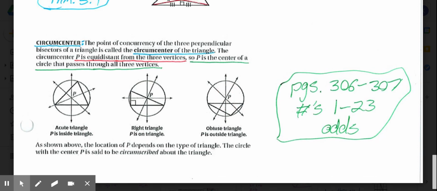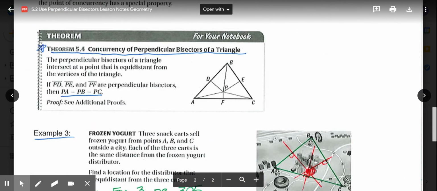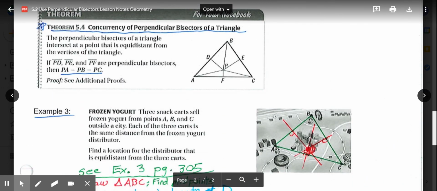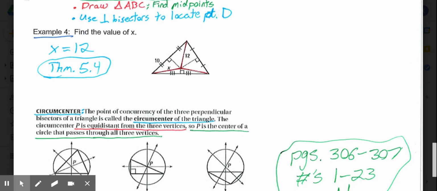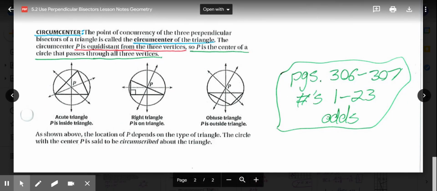So the idea is that we could use this process here, which I'll create a video for, and when we find that circumcenter, the point where the three perpendicular bisectors meet, that can be the center of a circle that hits all three vertices of your triangle.